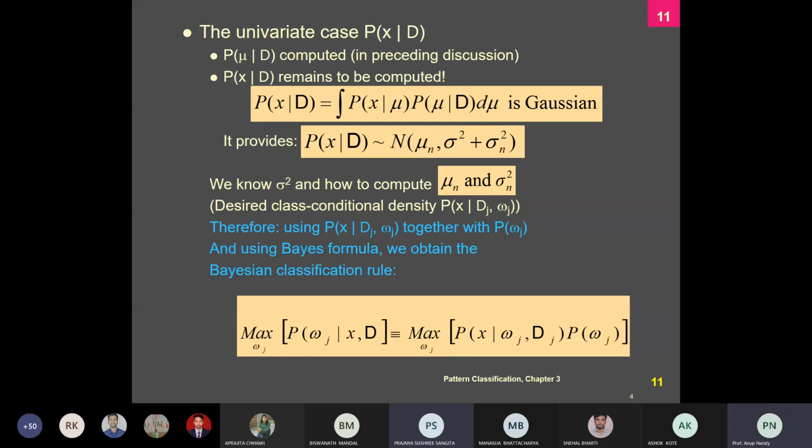Probability density function. Exactly. And if it is discrete, probability mass function. Good. What is your name? Pragya, sir. Okay, good.